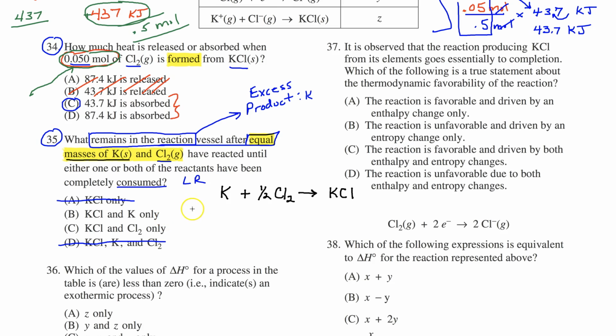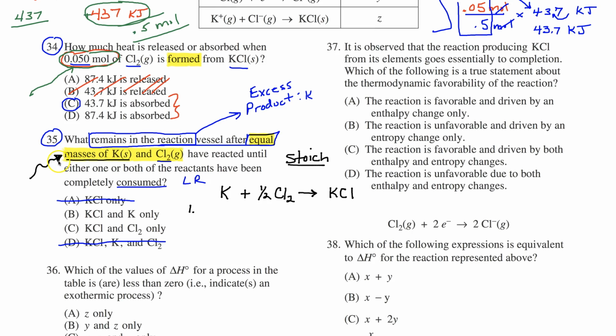Now, the first thing we have to realize is we're going to have to assume some value. Before, I had an ICE table here, and this is a stoich table, which would have to have moles. Now they didn't give us moles. They said not equal molar, they said equal masses. Now, equal masses, what masses could we possibly use?